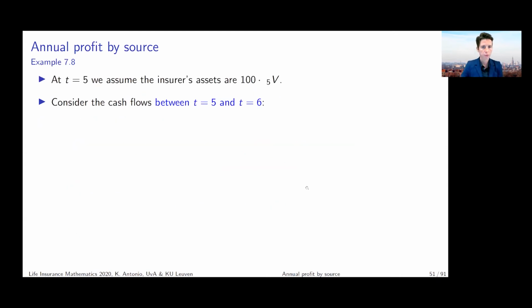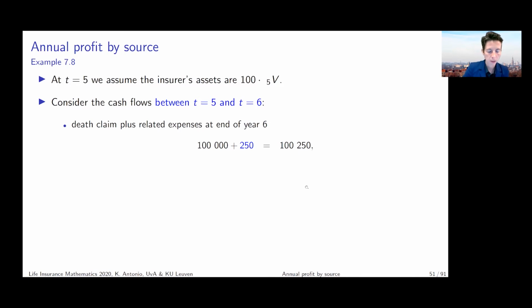Okay, so now we're going to look at the death benefit, so the death claim plus the related expenses at the end of year 6. In the scenario that actually happened over time, one of our policyholders dies. So that means we have to pay the 100,000 once, for one policyholder, at time 6.